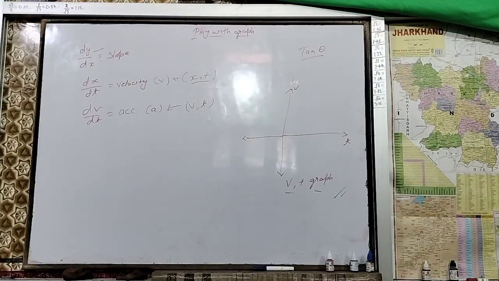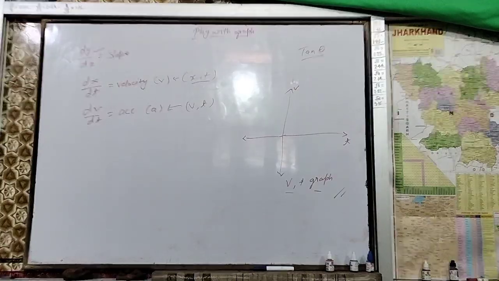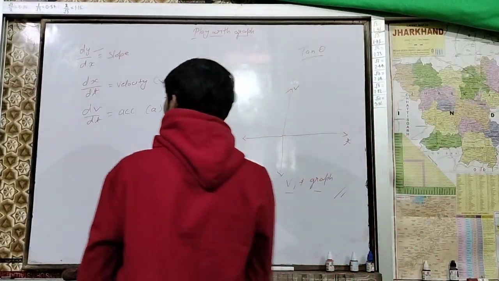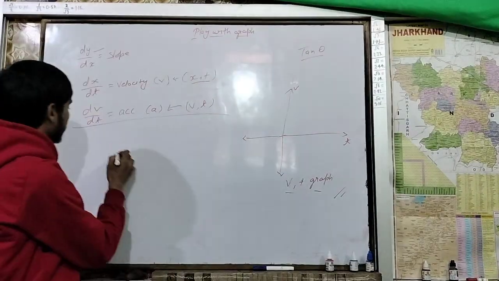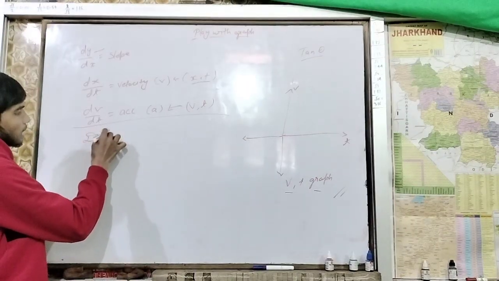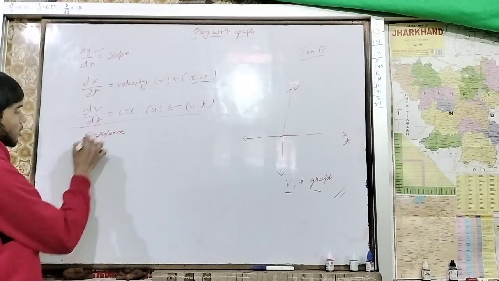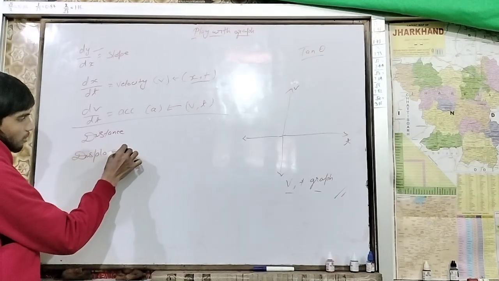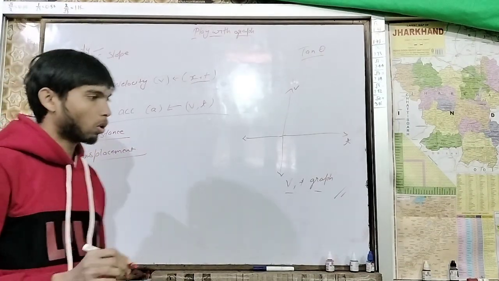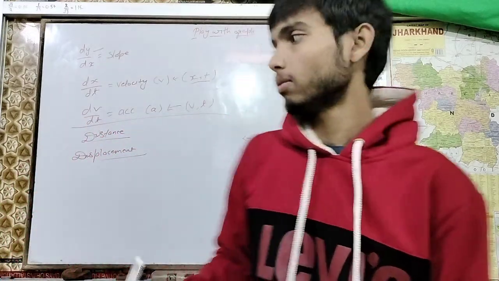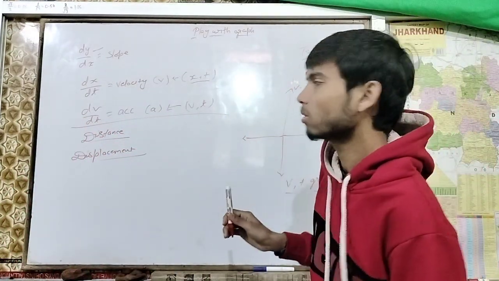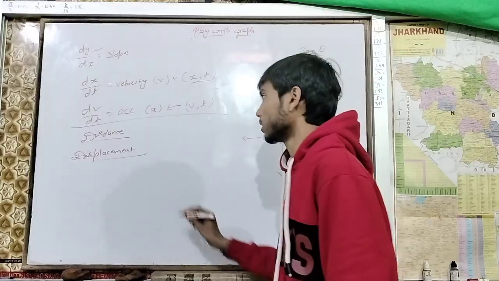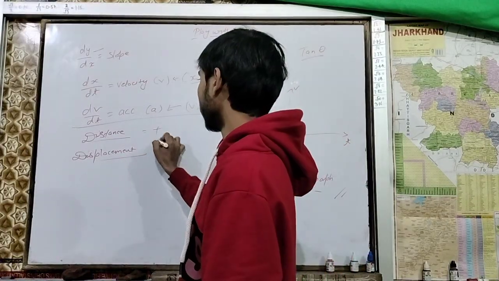Next point, next topic. One thing I want to repeat: distance and displacement. One thing will always be fixed, which is that distance will always be positive.